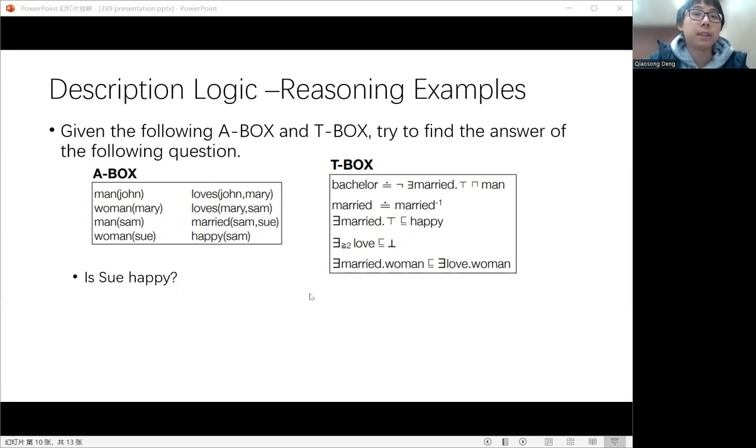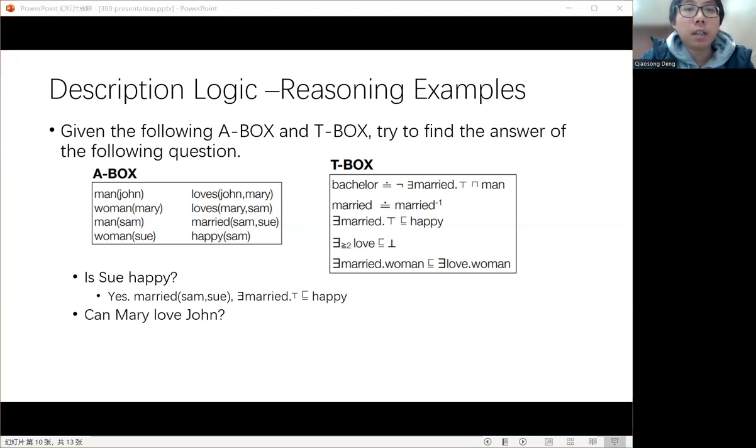Now we can do these questions. The first question is, is Sue happy? The answer is yes, because Sue is married and all married people are happy. The second question is, can Mary love John?